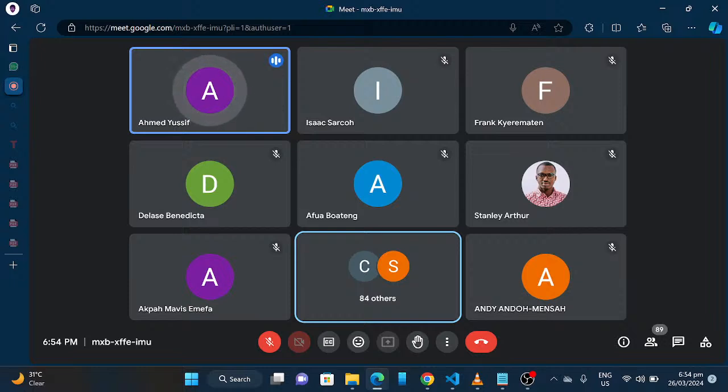So the activation we are talking about is the conversion of factor 2 to 2A, 7 to 7A, 9 to 9A, and 10 to 10A. This activation process is done by the gamma glutamyl carboxylase enzyme.